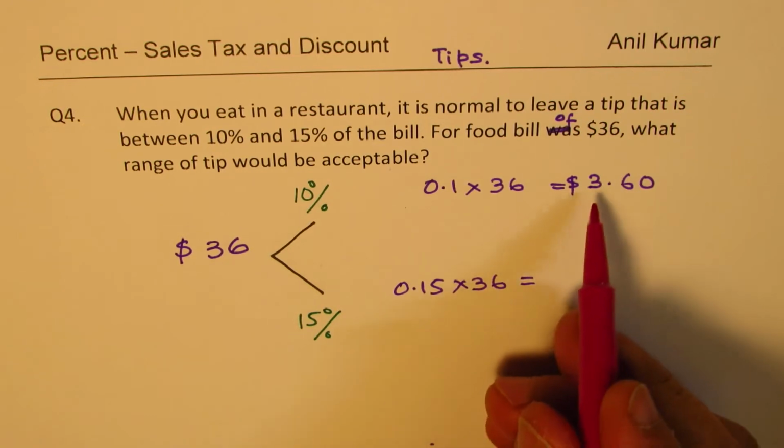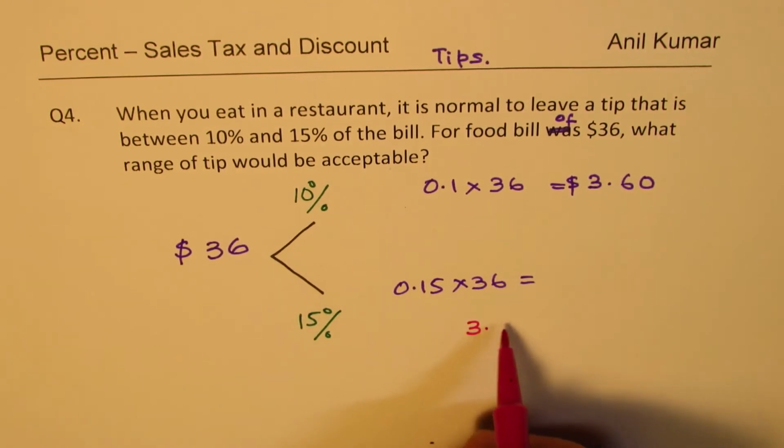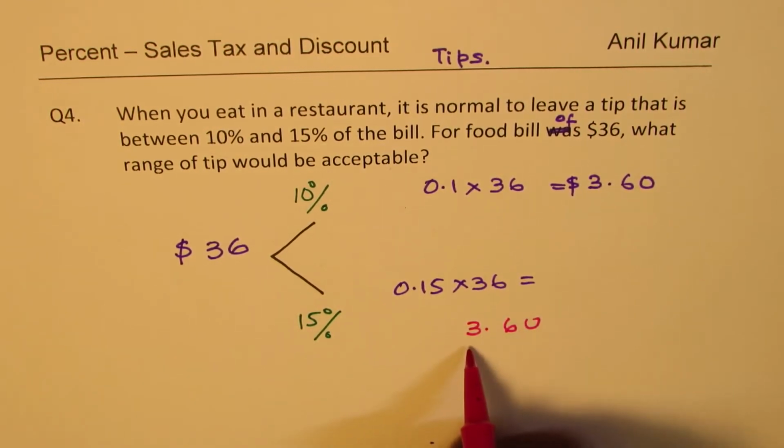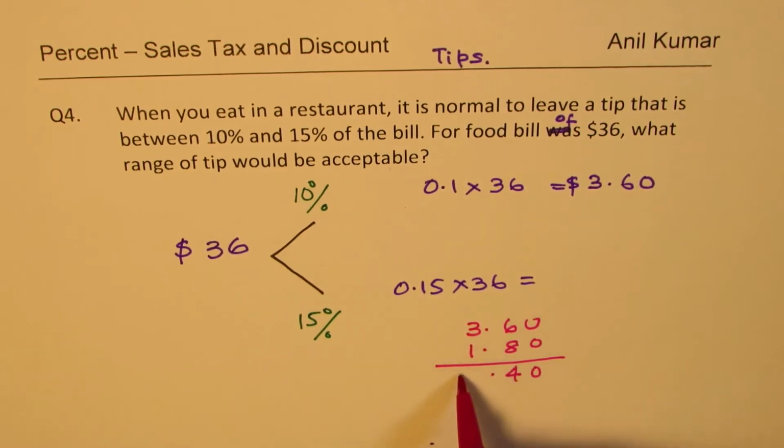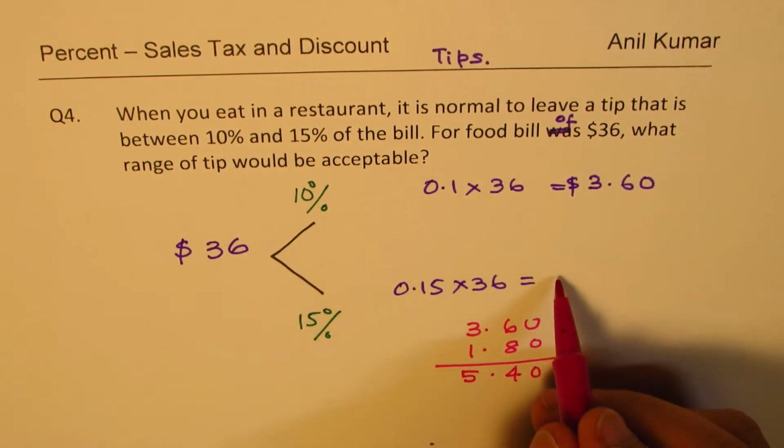So you can add like this. We have 3.60. What is half of this? 1.80, right? So when you add this, you get 5.40.